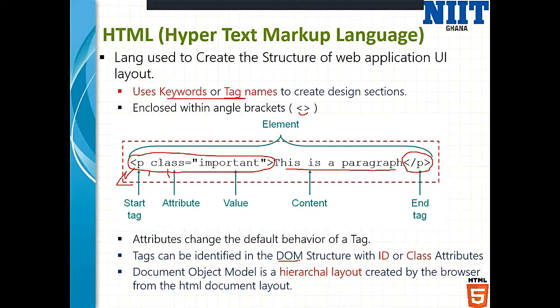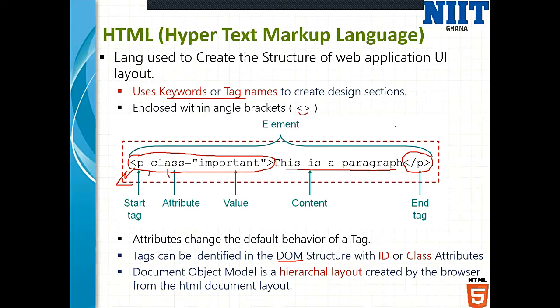DOM stands for Document Object Model. As we'll say in the next slide, a web page or an HTML file is actually a hierarchical structure. It has multiple layers inside it where various components are built, which we can identify using something called an ID. We can individually identify one item with the attribute called ID.